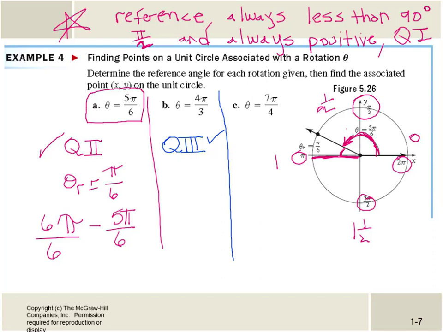Pi over 3, remember, the bigger the denominator, the smaller the number. The smaller the denominator, the bigger the number. So in quadrant 3, this reference angle is what? Exactly. The reference angle is pi over 3. All right?